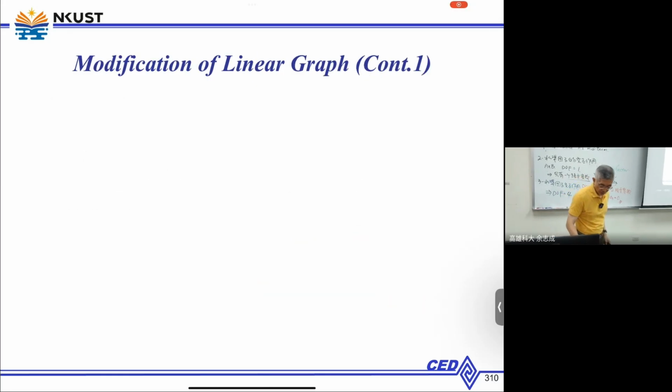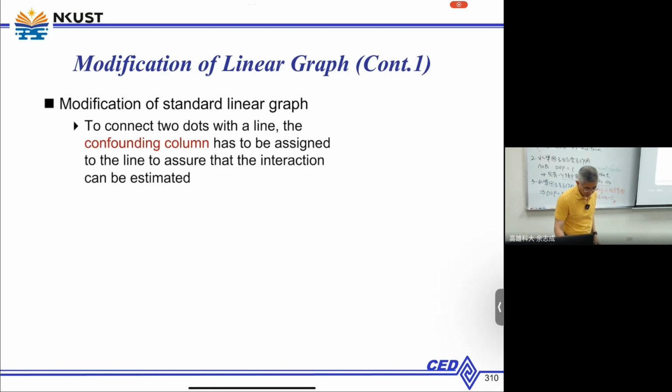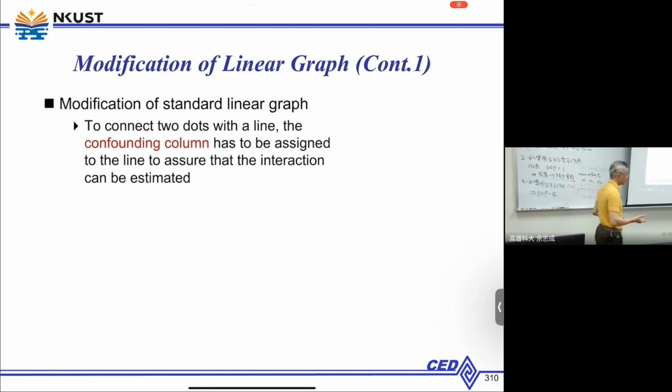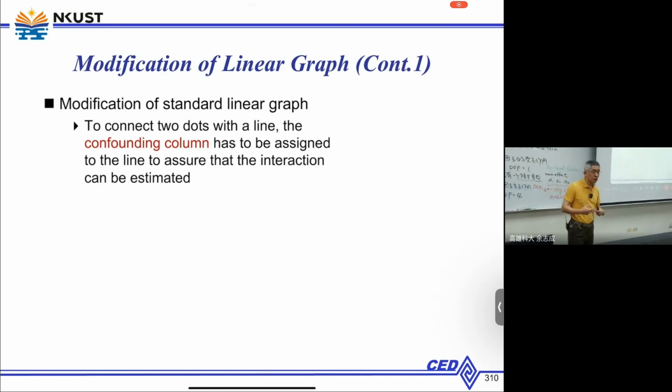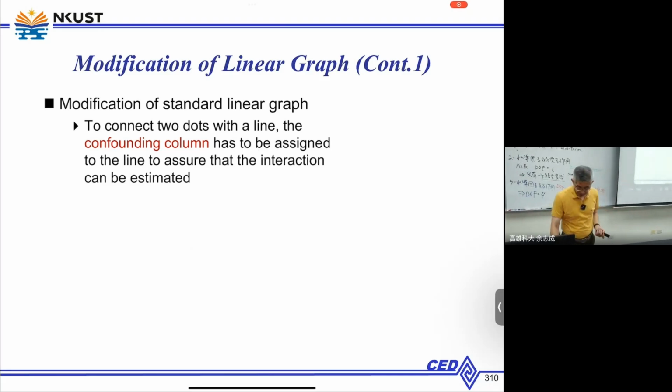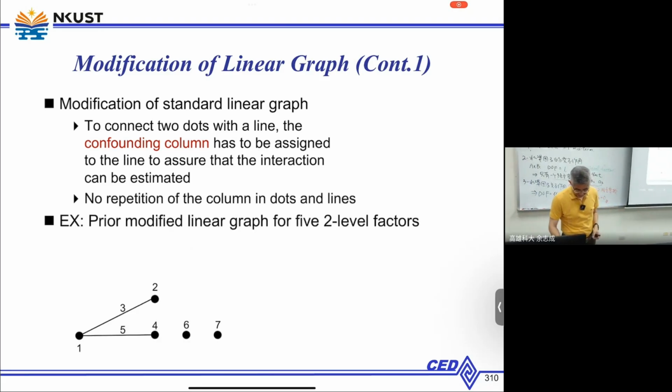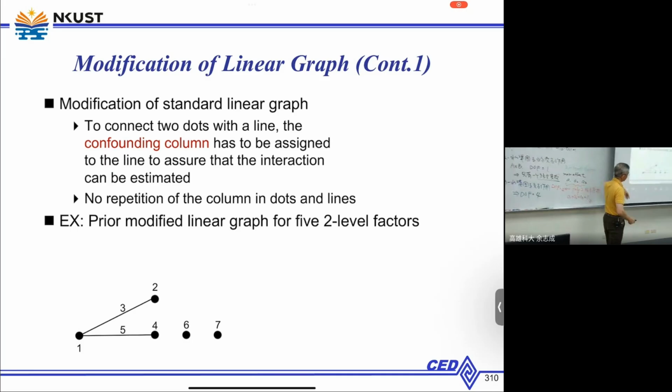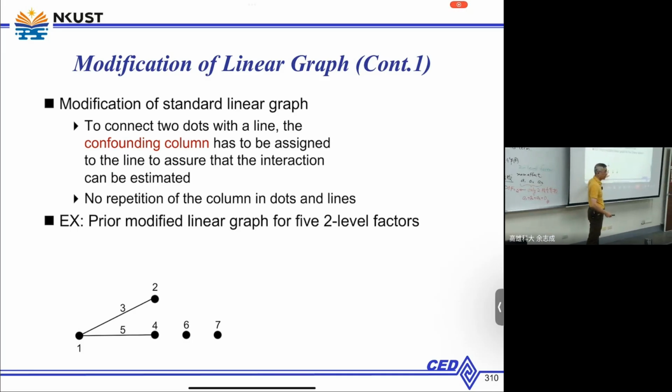Continue. What if you want to connect 2 dots? Can we connect 2 dots to create a new interaction? The answer is yes. For instance, here there are 5 dots from our previous modification.